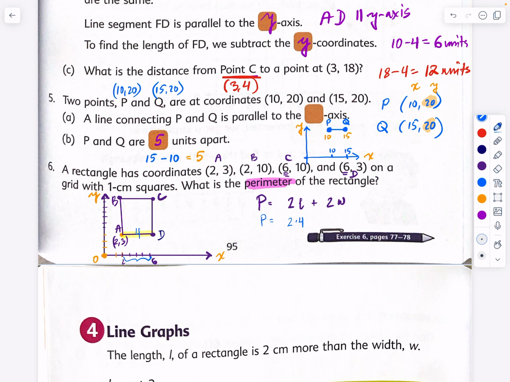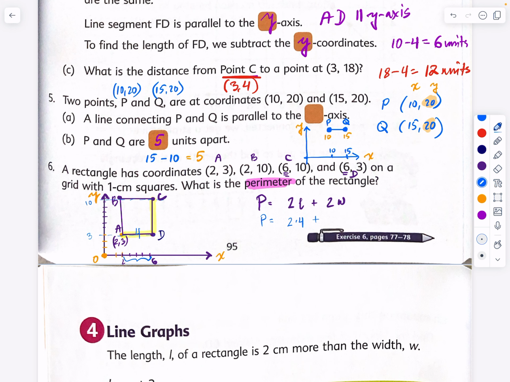Let's rewrite perimeter, plus what is the width? What is the width of this side? C and D. Well, we know at the very top, we have 10, right? And at the very bottom, it's at 3, okay?